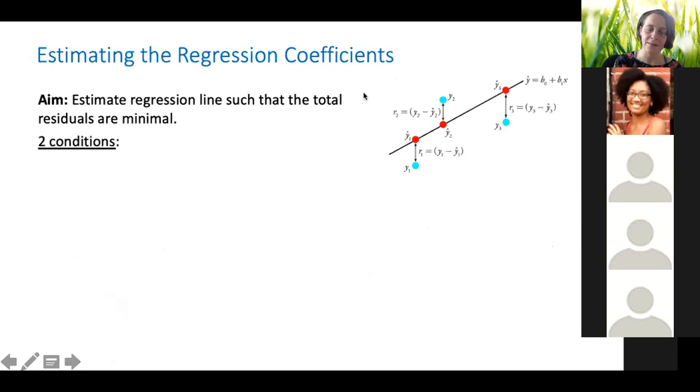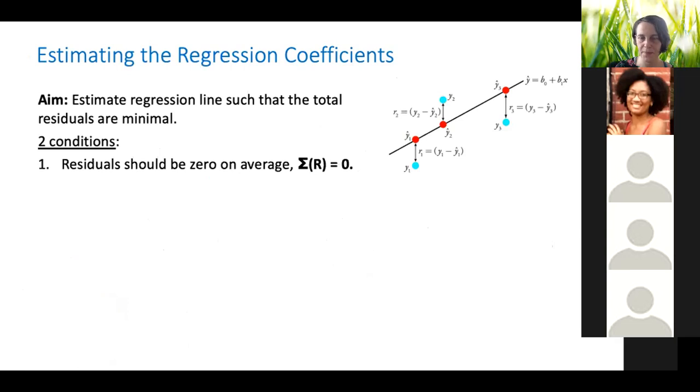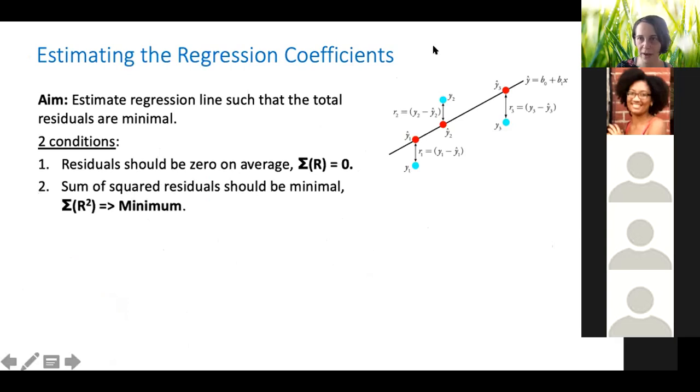And when we are estimating our regression lines in standard regression, we are doing it in such a way that the total residuals are minimal. So that should be 0 on average. The model parameters are estimated in a way that the sum of our residuals is 0 for our sample, and that the sum of the squared residuals is minimal.